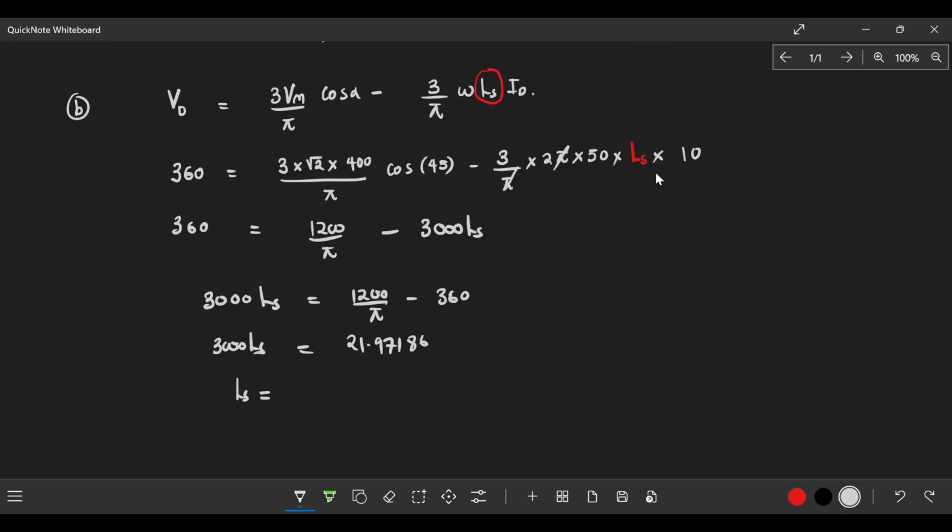So LS is that divided by 3,000. I'm getting about 0.0073 henries, which can be written as 7.324 millihenries. So that's the source inductance.